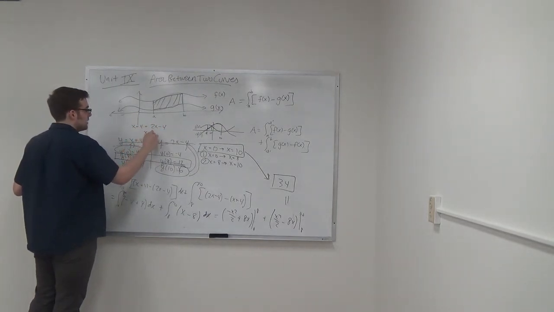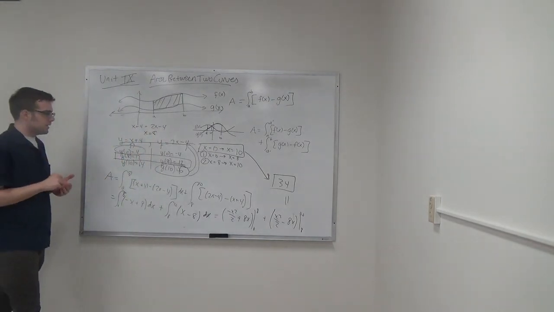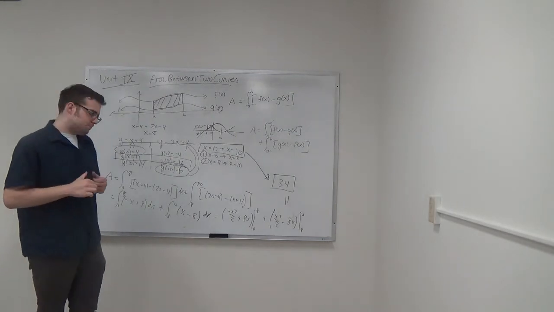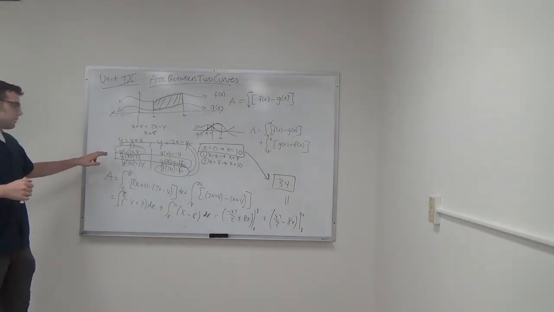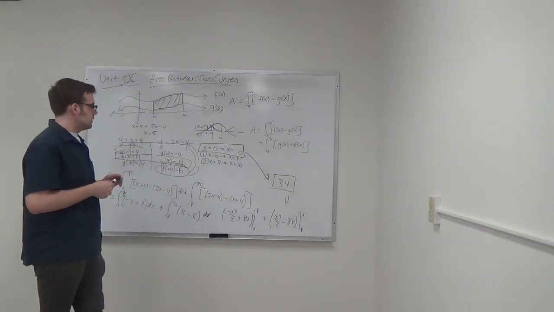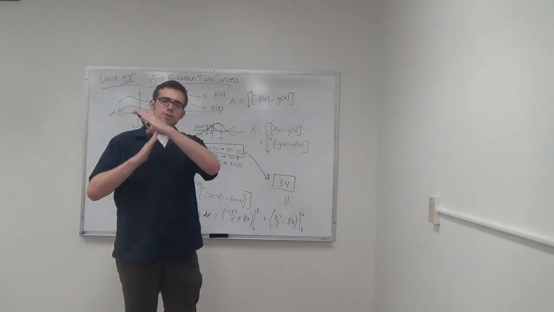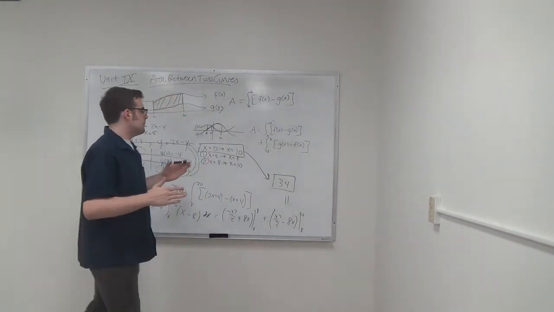We can get that these two functions are equal at x is equal to 8, which we have confirmed. So at x is equal to 8, the two functions switch places.